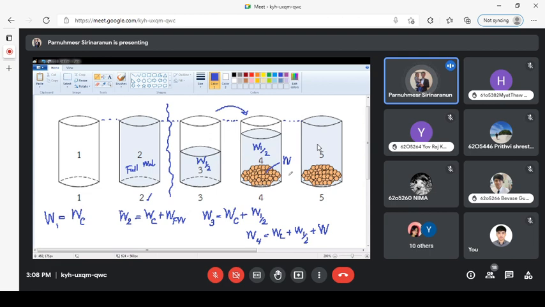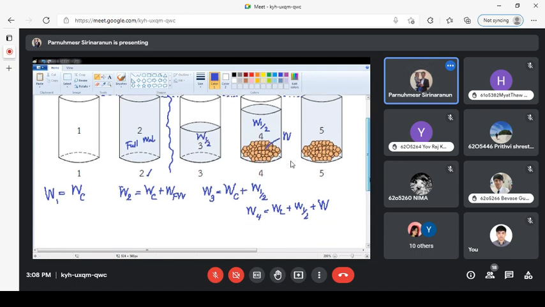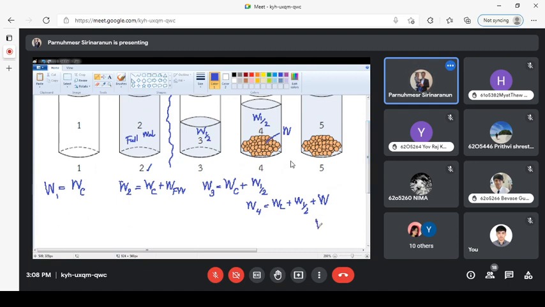After state 4, you pour the water again into this until you get full water at the same level as state 2. Clear or not? Fill water into this until you get full water. It means state 5.